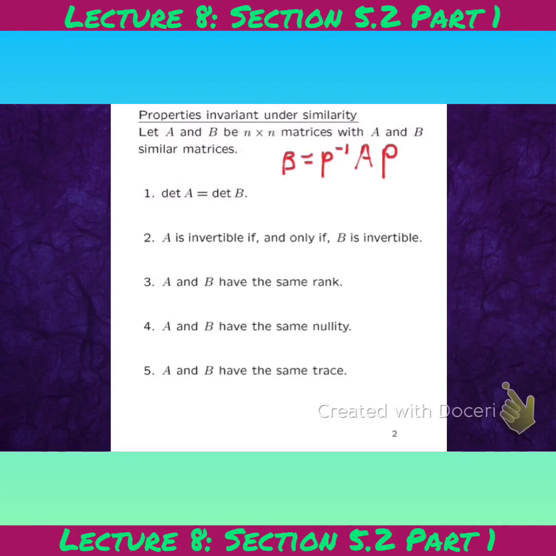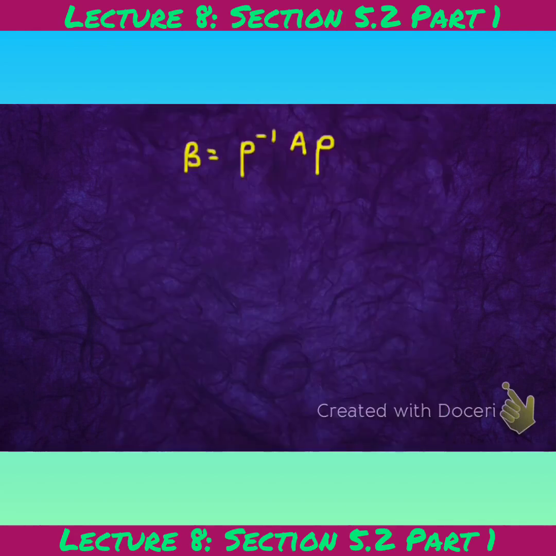And the first property is that the determinant of A is going to be equal to the determinant of B. Now to see this, that's straightforward because I just use the fact that the determinant distributes over a product of matrices.